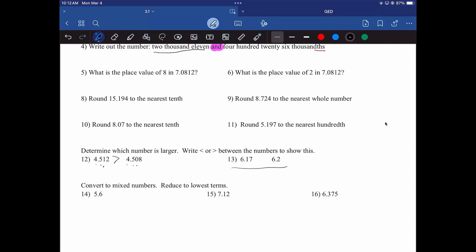The same thing here. 6 and 6 are the same. 1 and 2, well, 2 is more than 1. This one has less decimals. How is it bigger? Well, each one's a smaller and smaller piece. Eventually, you don't care how small the piece is. Regardless, this one's bigger right here, and that's how we know.